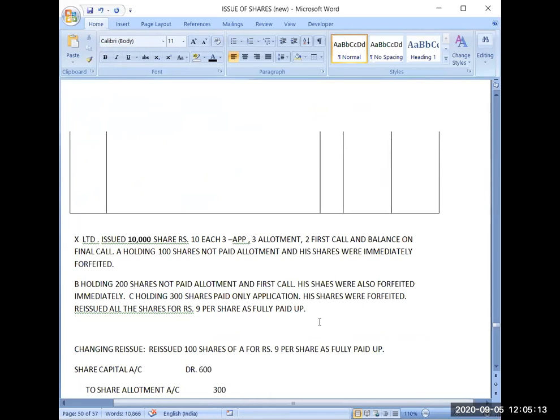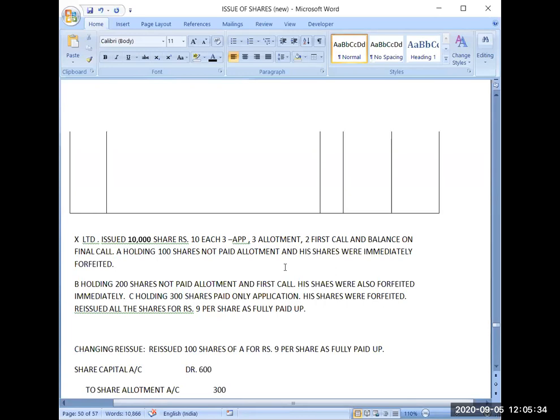Wrong answer. See, you have forfeited 100 shares just after the allotment. Okay, fine. 10,000 is correct, because the shareholder has not paid us allotment money, so on allotment we will make money due on 10,000 shares.